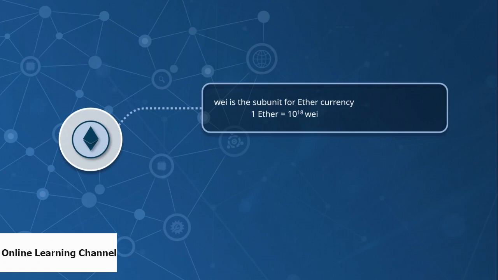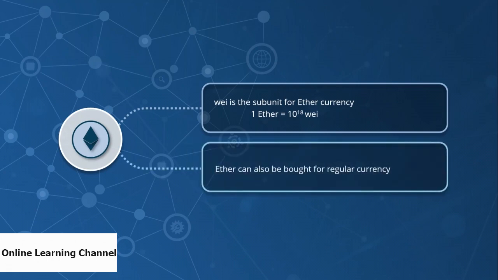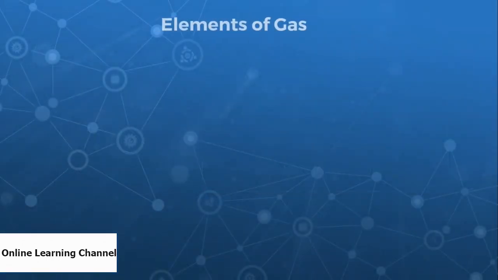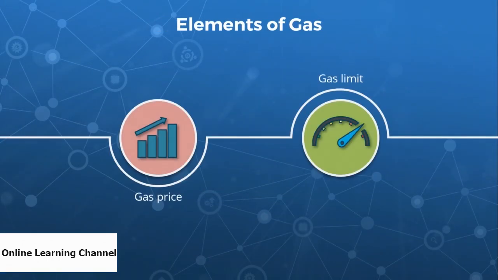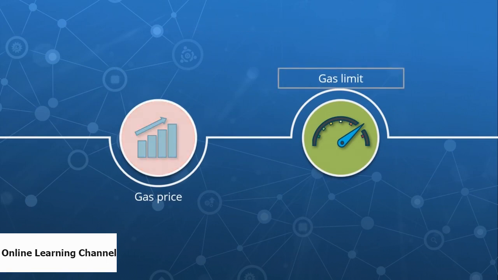And I can quote the US dollar price for Ether because this cryptocurrency can be bought for regular or fiat currencies. With that, we can move along now to the other element of gas, which is expressed in a transaction, and this is the gas limit.